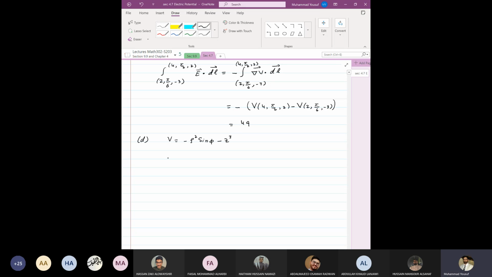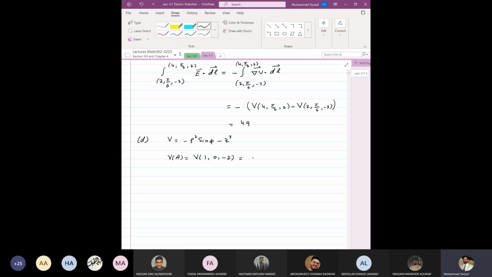This time V at point A, that is V at 1, 0, -2: rho is 1, phi is 0, z is -2.